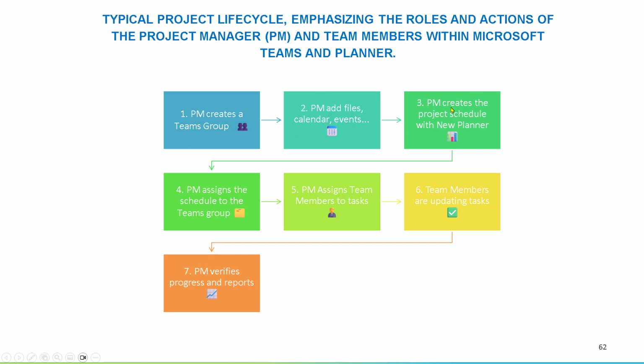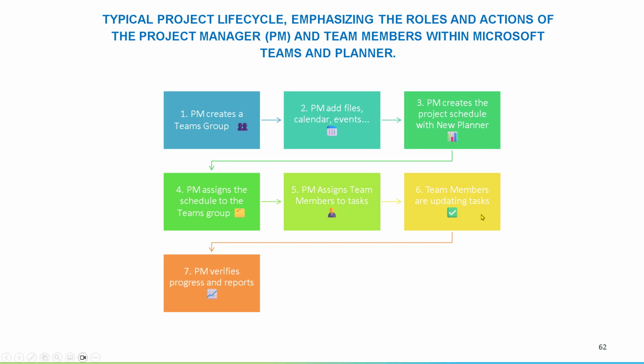Then, as the third step, the project manager can create the project schedule with the new Planner, and we will see how. Further on, once the schedule is created, he can do the assignment between the schedule and the Teams group that was created initially. At that moment, we can do the resource assignment for the project schedule, meaning who is doing what task.